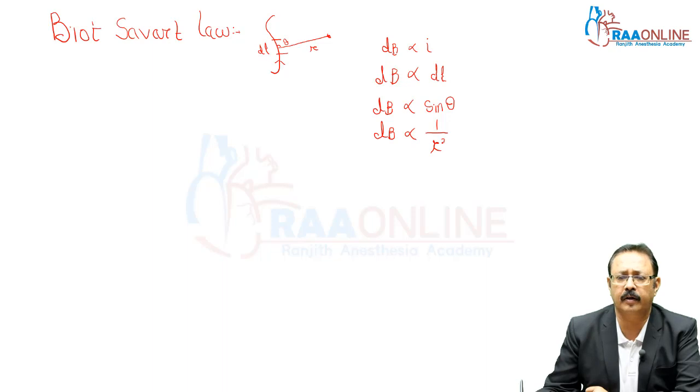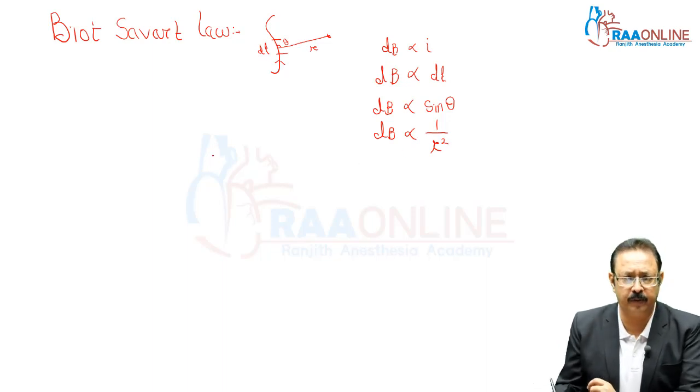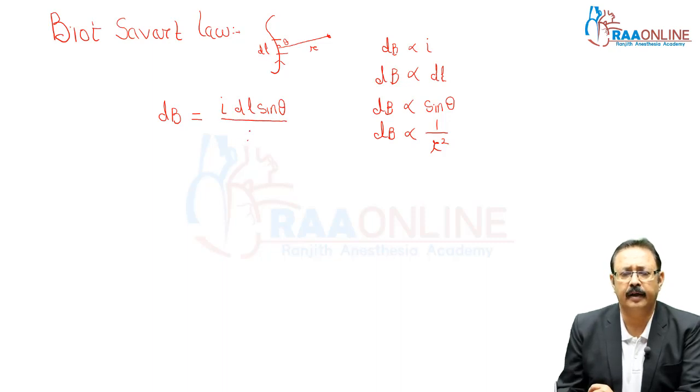Combining all these and removing the sign of proportionality, we got dB equals I dl sin theta divided by r square, and the proportionality constant was mu naught upon 4 pi.